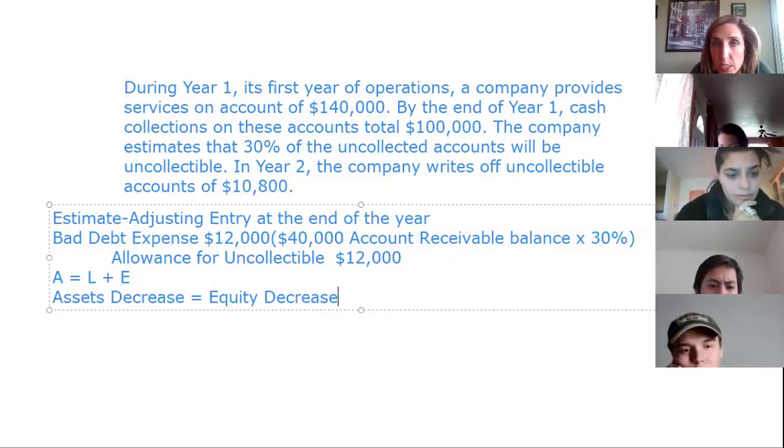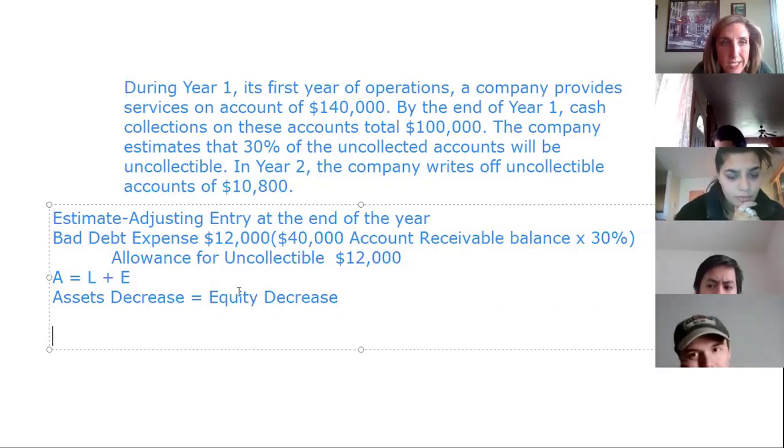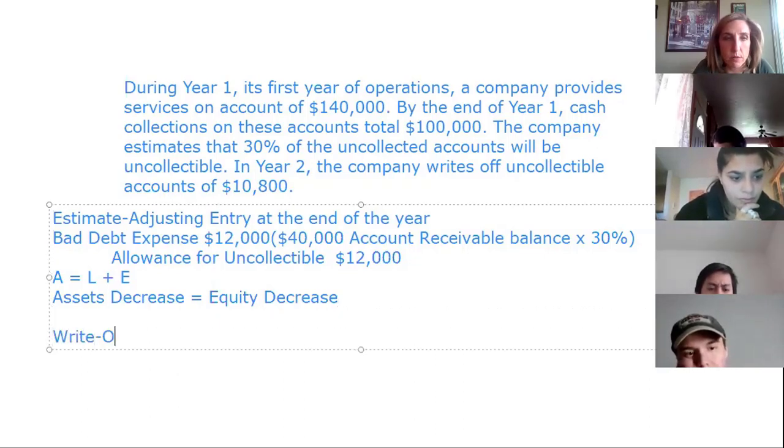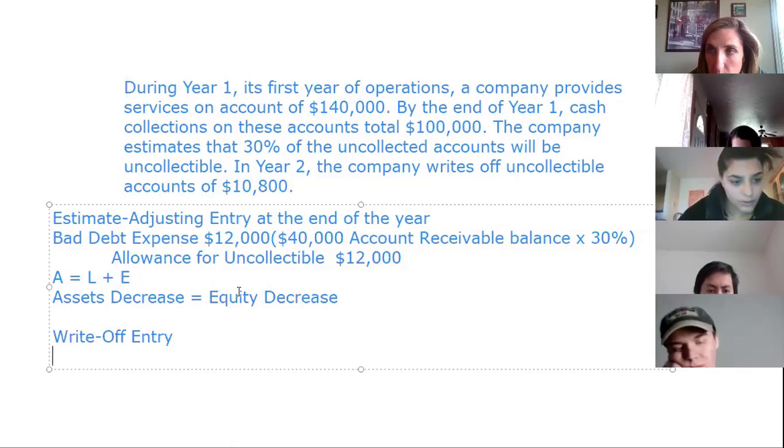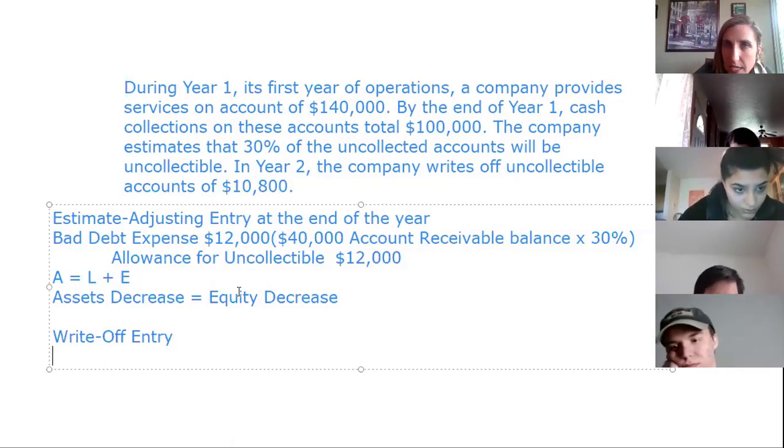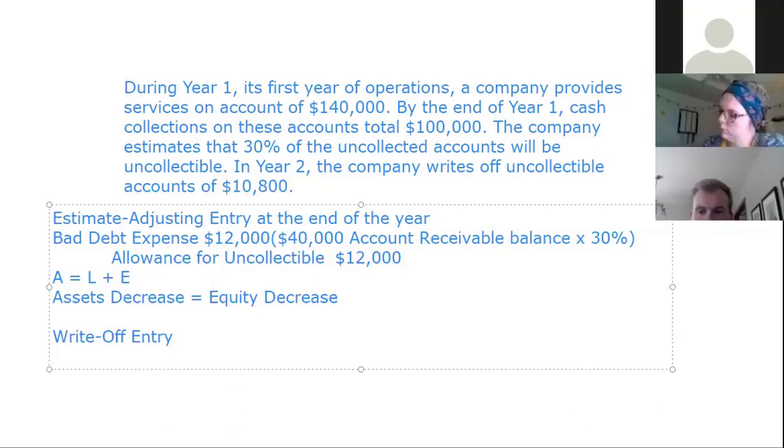Now the second entry it's going to ask you to do on the homework is called a write-off entry. The write-off entry happens once, this first one that we did was an estimate, right? When I really find out that somebody's not going to pay me, let's say, who do I want to pick on today? Oh man, I'm going to pick on Austin because I don't think he would ever do this.